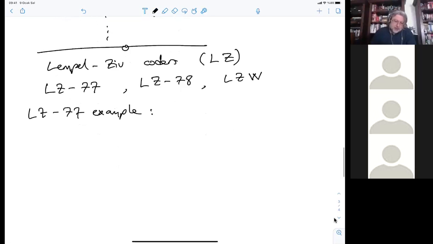Suppose that our source consists of letters, and it's like this: A, B, C, B, B, A, B, C. The encoding of this is as follows. We start from the left, and we proceed to the right, from left to right.